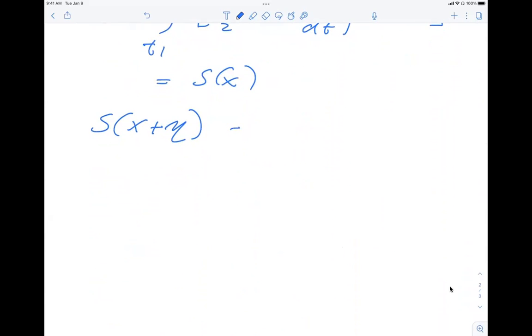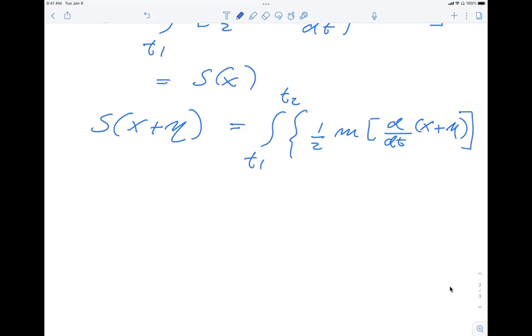Then, if I now plug in this variation here, I have an integral from t1 to t2. I have now the quantity 1/2, the mass, and now I need a derivative d dt. And now I'm making the change of x plus eta. And this quantity is squared.